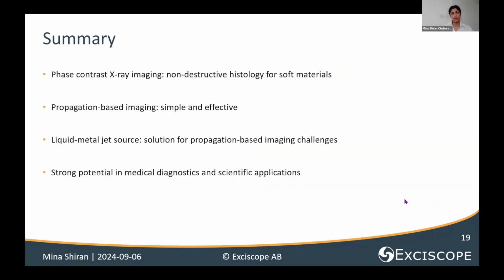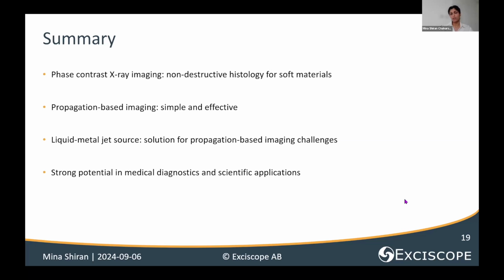With that said, I would like to summarize what we discussed here, which was phase contrast X-ray imaging as a non-destructive method for scanning and creating images of soft materials and low density materials. We discussed that propagation-based imaging is a simple and effective technique for using phase contrast imaging.